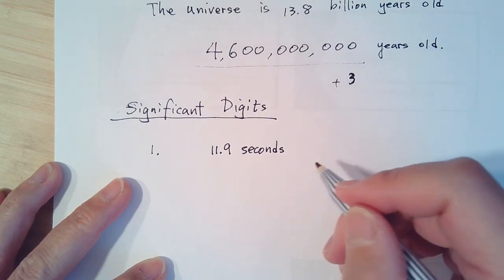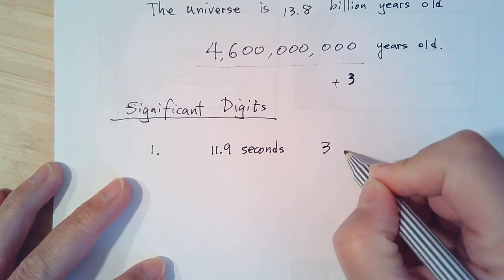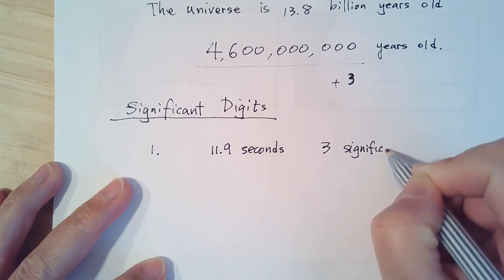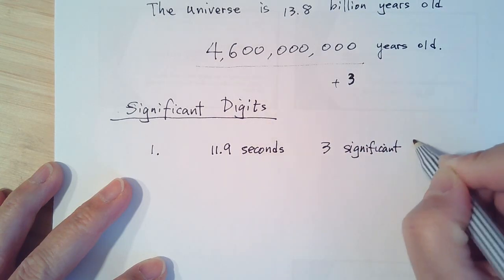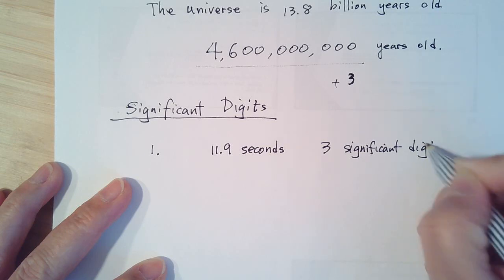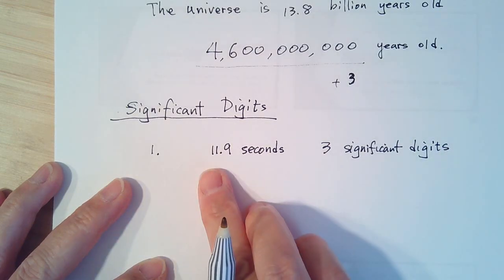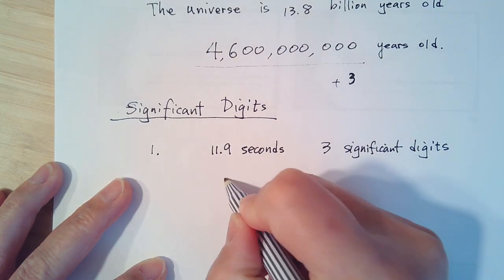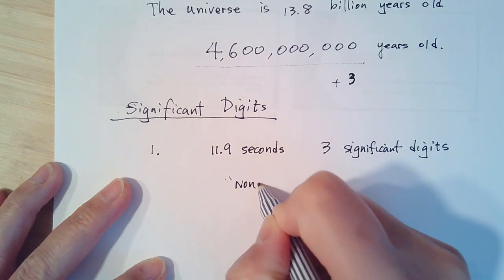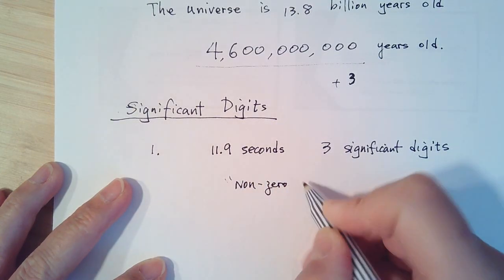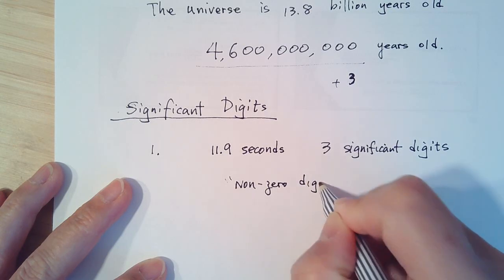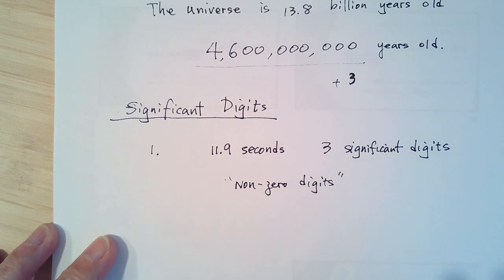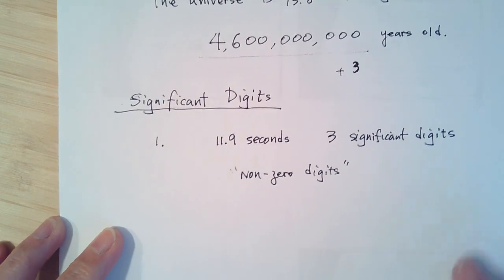This one has 3 significant digits: 1, 1, 9. So what does that mean? That means non-zero digits are significant. Okay, non-zero digits are always significant.